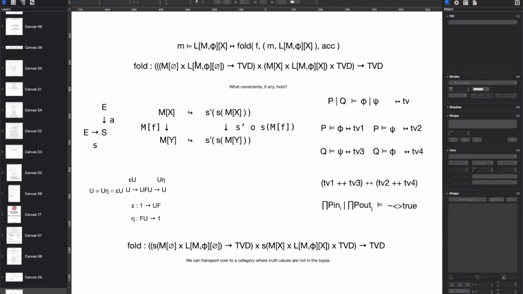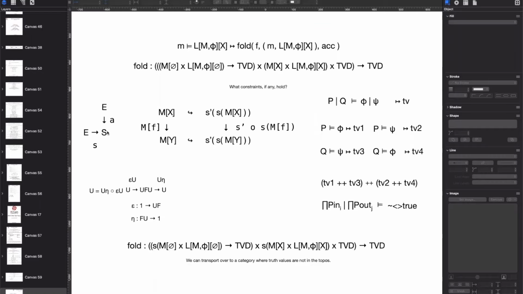So then the fold mechanism goes from looking like this to looking like this, right? So we have some S which is going from the topos over to some symmetric monoidal category. And then, instead of just handing it the initial model structures and then accumulating over the recursive walk of the model, in fact, we want S of the initial model constructors.